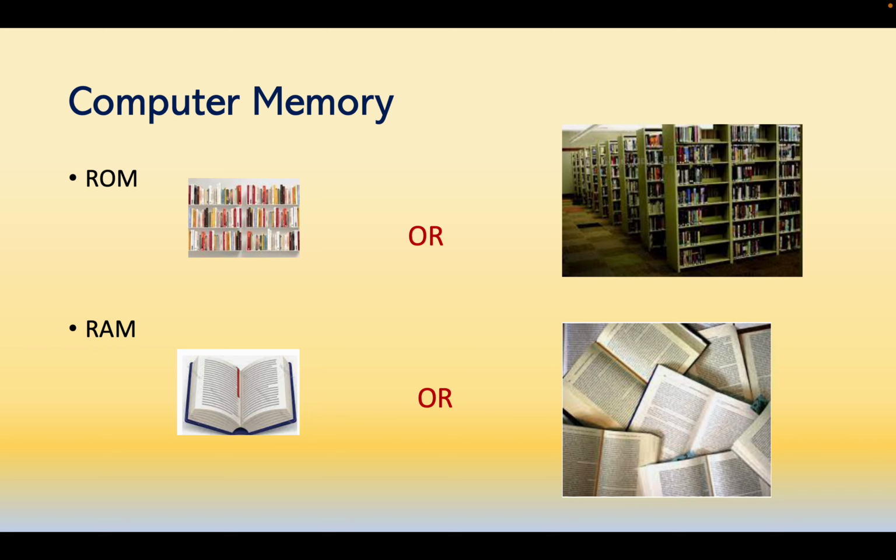Now, RAM is random access memory. Random access memory is any instructions or any data stored in a computer that I can manipulate, I can use. Imagine that you've got a desk and you have 1 book open on it. That desk is so small, all you can do is open 1 book.